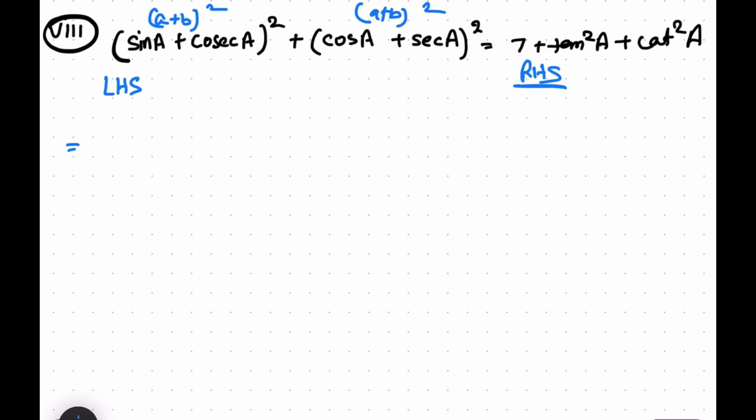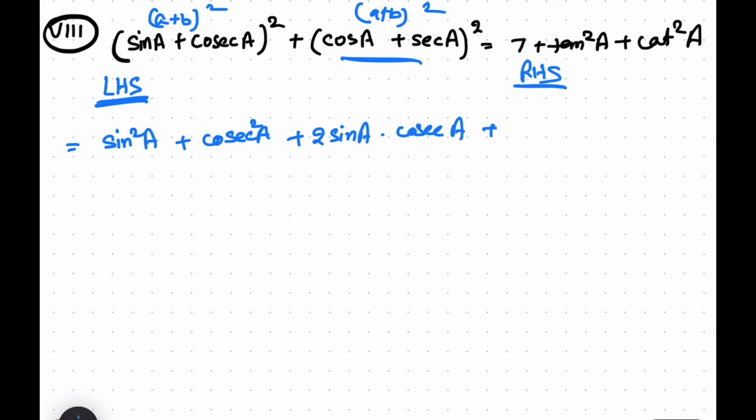Expanded the LHS: sin squared a plus cosec squared a plus 2 sin a times cosec a. Now the second part: cos squared a plus secant squared a plus 2 cos a times secant a.